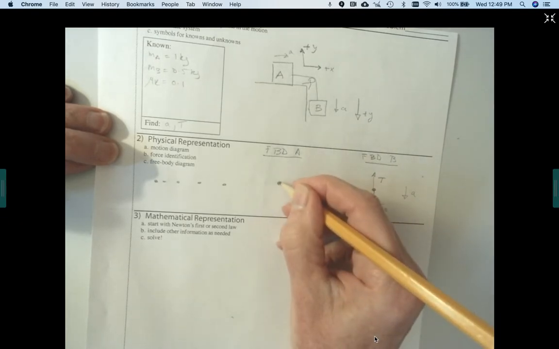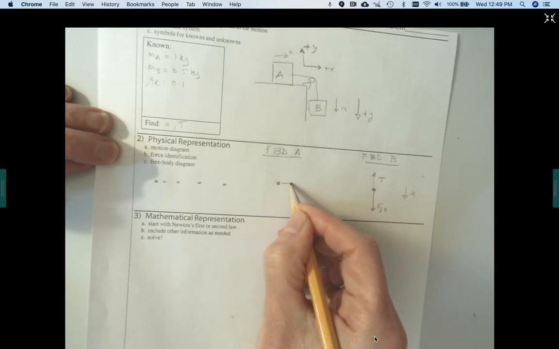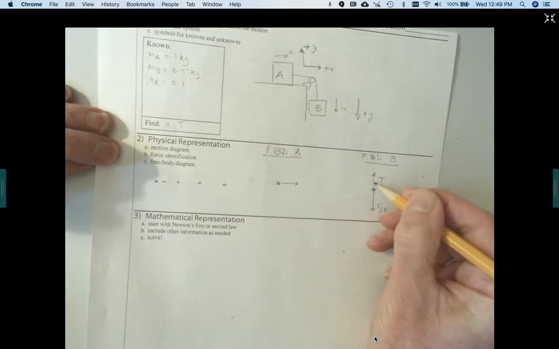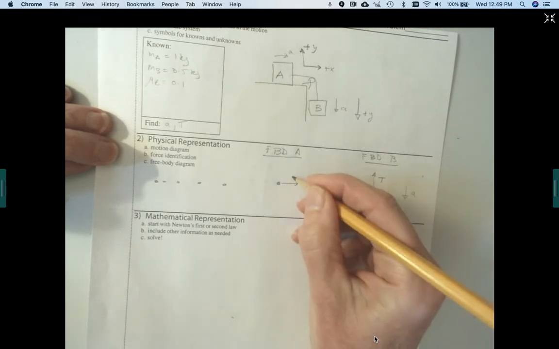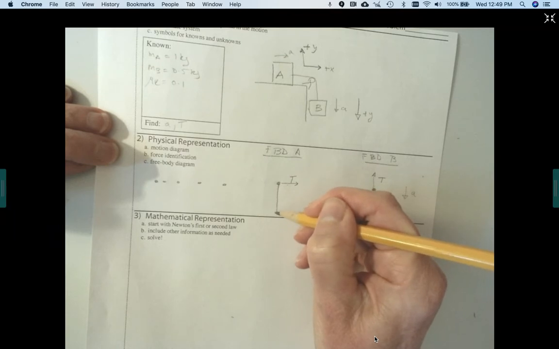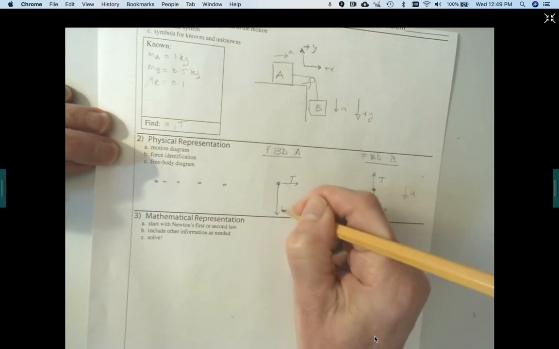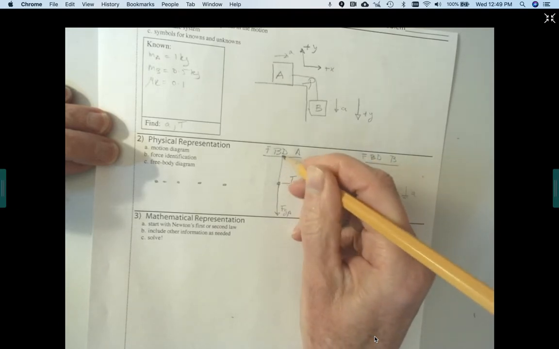Okay, so now here we are on A. So that same tension is now pulling A to the right, right? So this is the force of A pulling back on B, and this is the force of B pulling on A. So that's our tension. Now force of gravity should be a little bigger because this is a bigger mass. FG, I'm not going to do twice as big because I'm just going to run out of room. And there's my normal.